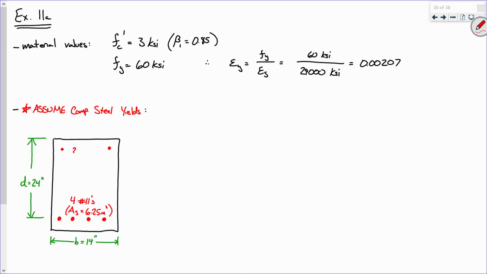And these are two number 9s, and this is an area of steel, but we call this an area of steel prime of 2 square inches, okay? And this distance right here, on the left, is from the top to the tensile steel. On the right, it's from the top to the compression steel, and we call that d prime. And that is a d prime of 2.5 inches. Sound good?